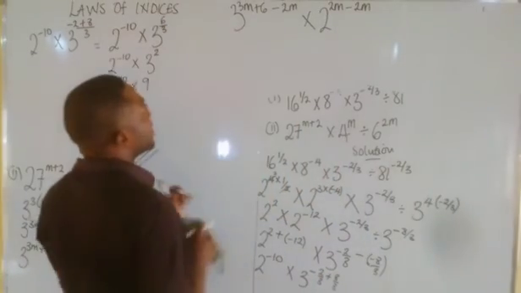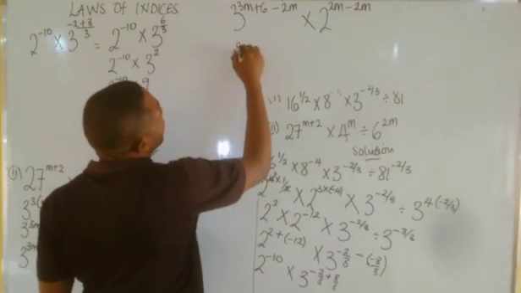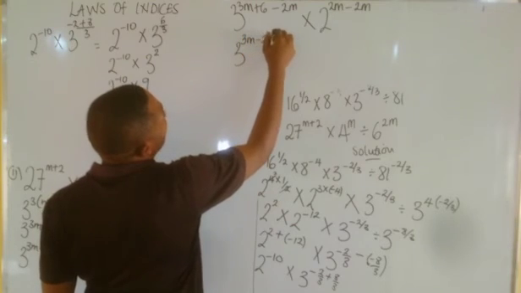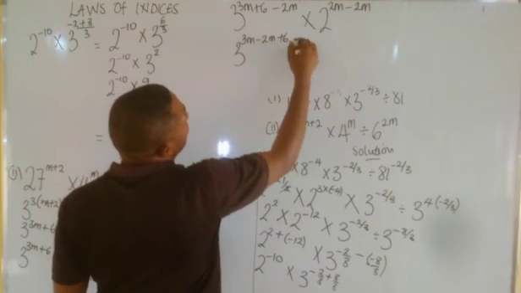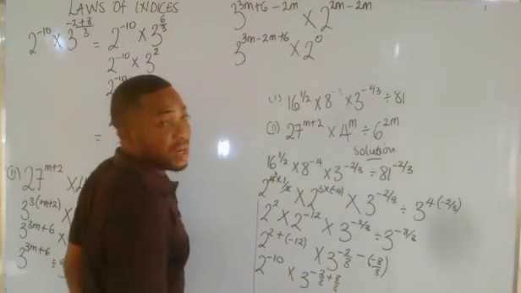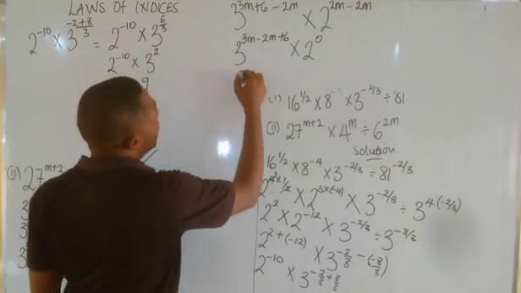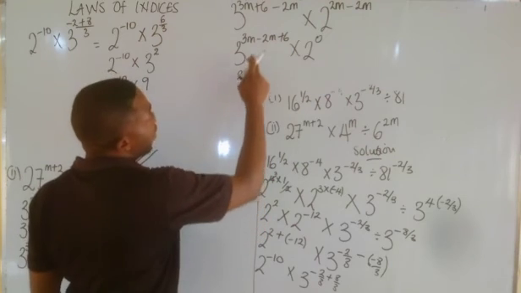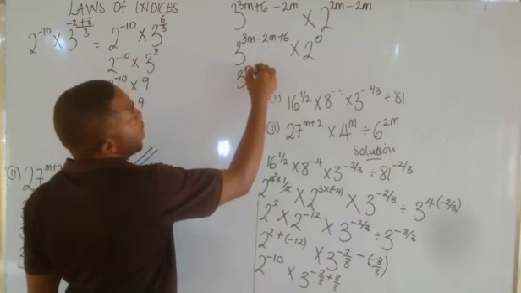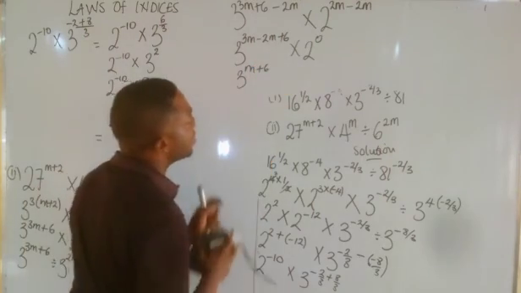So if that's the case, now we have 3, these come together, 3m minus 2m plus 6, times 2 raised to the power 2m minus 2m, which is 0. So we have 3 raised to the power of 3m minus 2m, which will give you m plus 6.